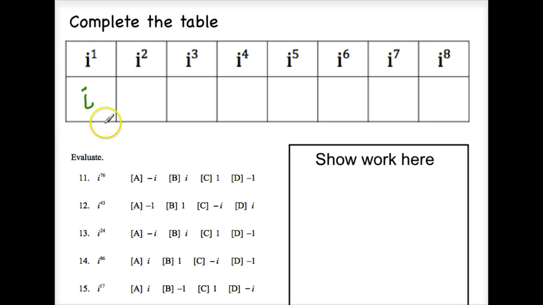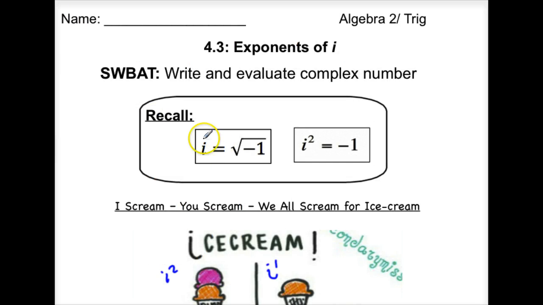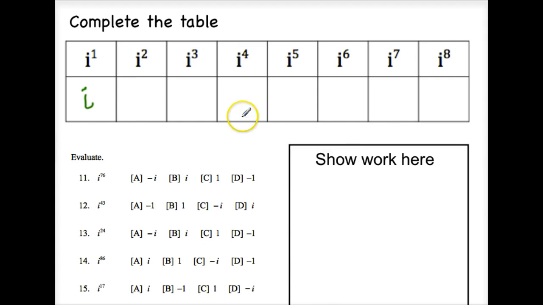So this becomes i. Just like what we said previously, i is equal to the square root of -1, and i squared is -1. So here we go with -1. i to the third power, we said in our previous example, was -i. And i to the fourth power is 1.